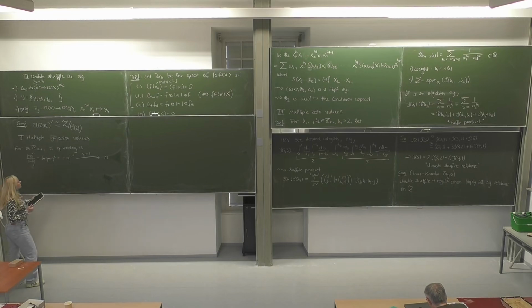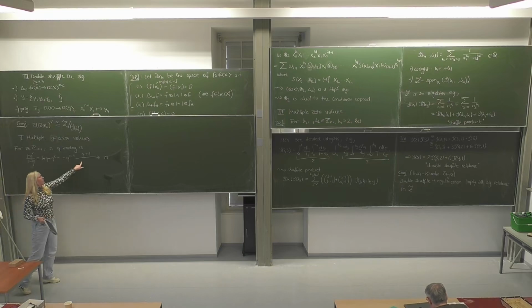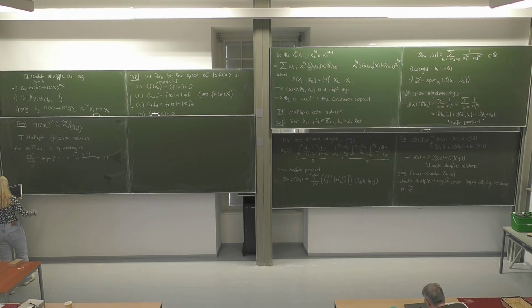And this is what we want to do with multiple zeta values. We want to introduce something with a Q in it, and whenever I take the limit Q to 1, I get back my multiple zeta values. And you might observe already that Q analogs are totally non-unique. There are a lot of polynomials which all go to n under the limit Q to 1. And the same is true for multiple zeta values.